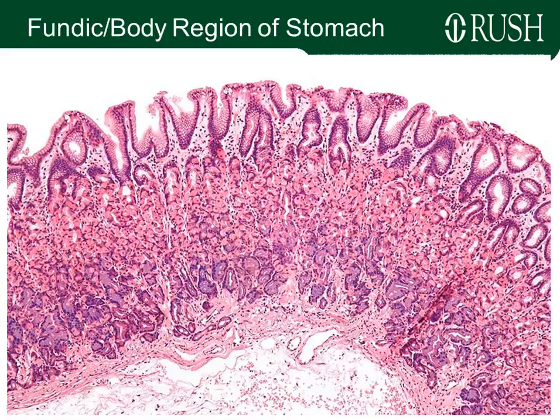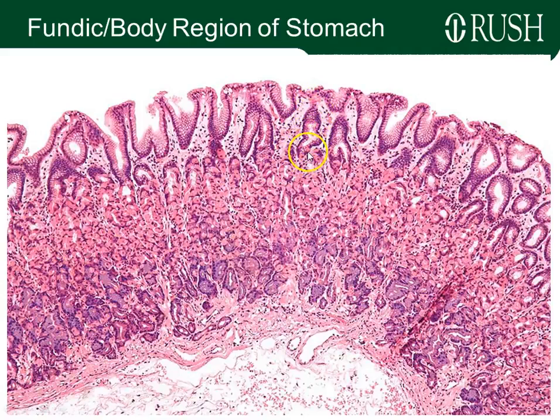So here you can see a low magnification of the fundus or body region of the stomach. At the top, this is the surface of the stomach. Out here would be the lumen. These would be surface mucus cells here, which line the surface and the gastric pits. Here's a gastric pit, and that extends sometimes down to here if you're in the right plane of section.